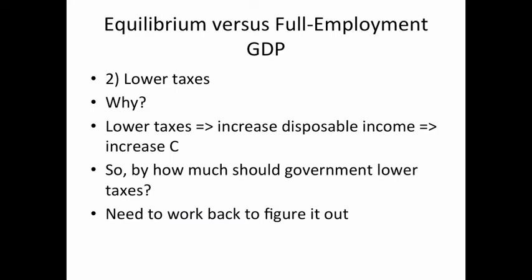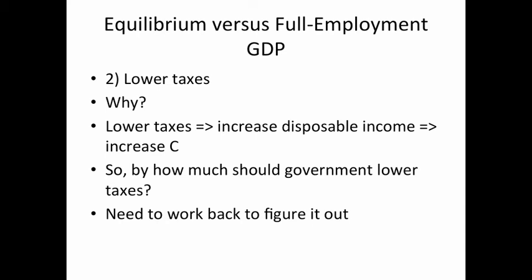The second method is slightly more involved, because now we're thinking about taxes. If we want to increase spending, Keynesian economics would advocate lowering taxes. Because as we lower taxes, that increases disposable income, take-home pay, and then we spend more money. So consumer spending should go up when taxes go down.